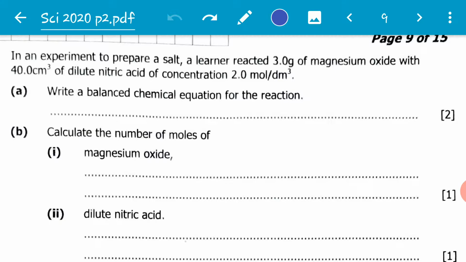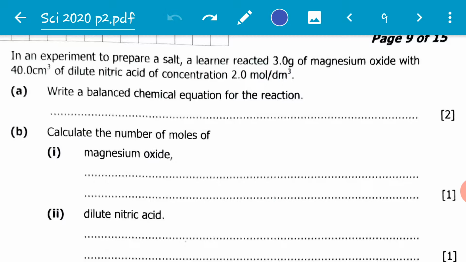Magnesium oxide belongs to compounds called bases. Just as a reminder, a base is a metal oxide or hydroxide, including ammonia.